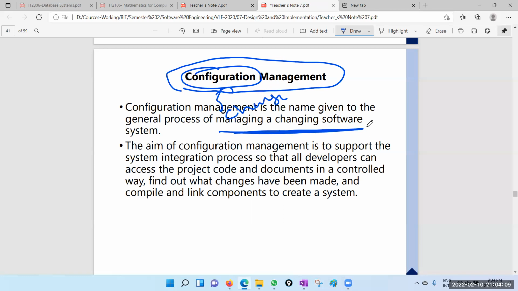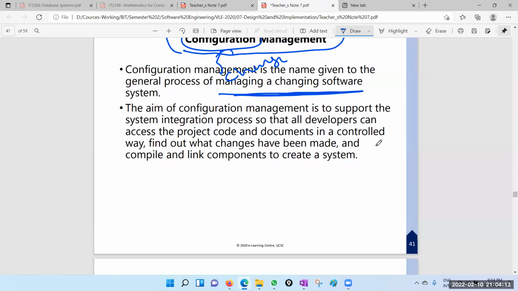Okay. So it changes during the software development cycle, that is analysis, design, development, testing, etc., as well as after the deployment, during the evolution phase. So what kind of things change? Almost everything.